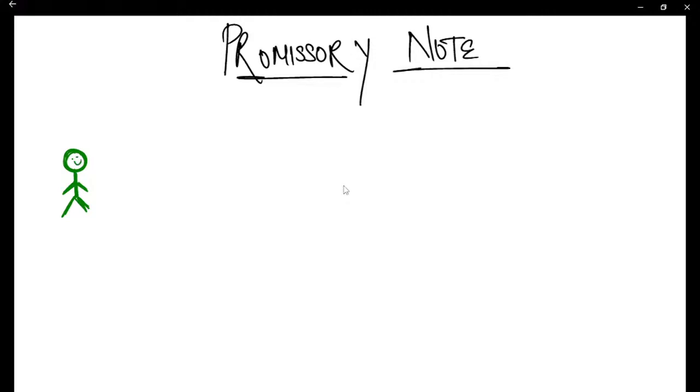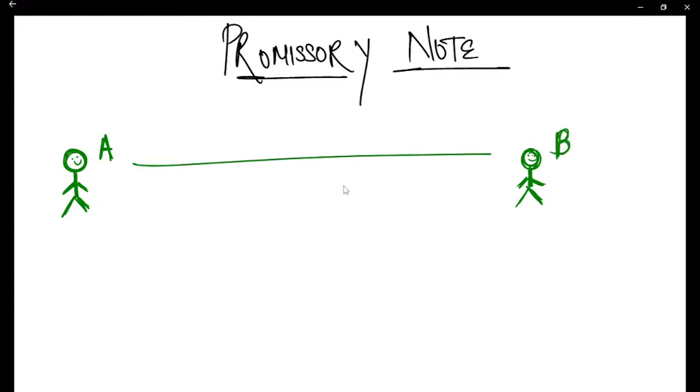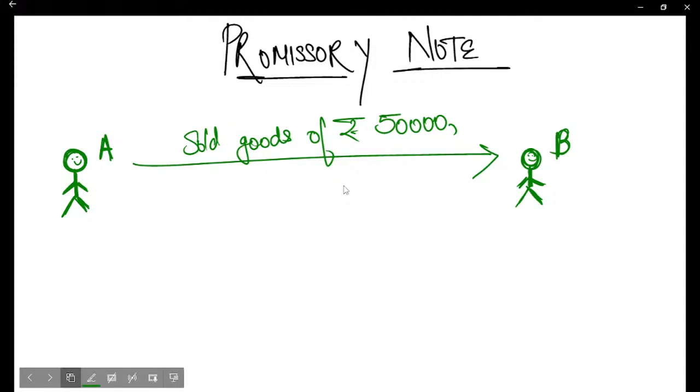This is A. This is B. So A sold goods of rupees 50,000 to B. A ने B को goods बेचे of rupees 50,000.